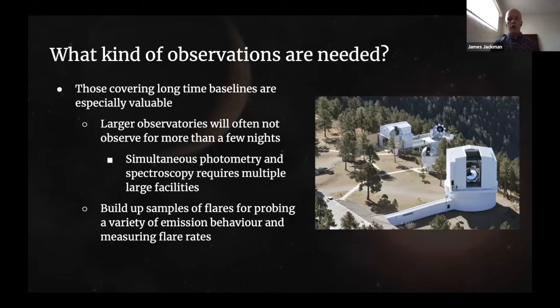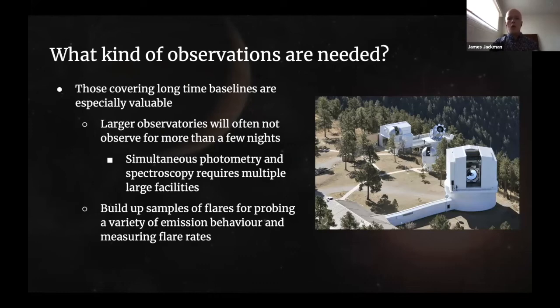Because larger observatories, as we know, will often not observe for more than a few nights. You have to get your application past the time allocation committee, and simultaneous photometry and spectroscopy requires multiple large facilities, which makes your application even harder. And long time baselines allow us to build up the samples of flares needed for probing a variety of different flare emission behaviors and for measuring flare rates.